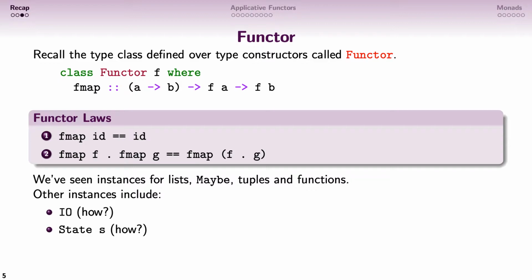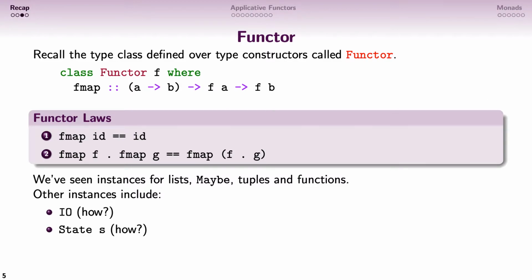And we'll get to that in a moment. And functions will do function composition, right? We also have instances for I/O. So we've seen I/O computations last week and State. And for both of these, we can write an instance, and I'll show you what it looks like.